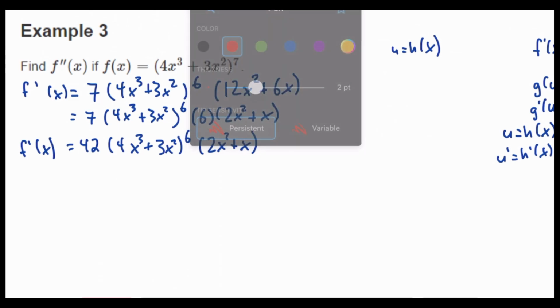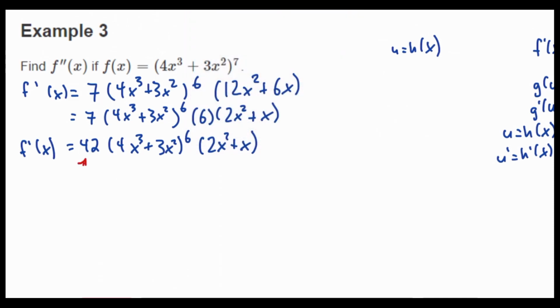Let's just label our pieces here. So I'm going to have a constant multiple. And for this piece here, I have two functions being multiplied together, so we're going to be able to use our product rule. And let's remind ourselves quickly off to the side, what does product rule look like?